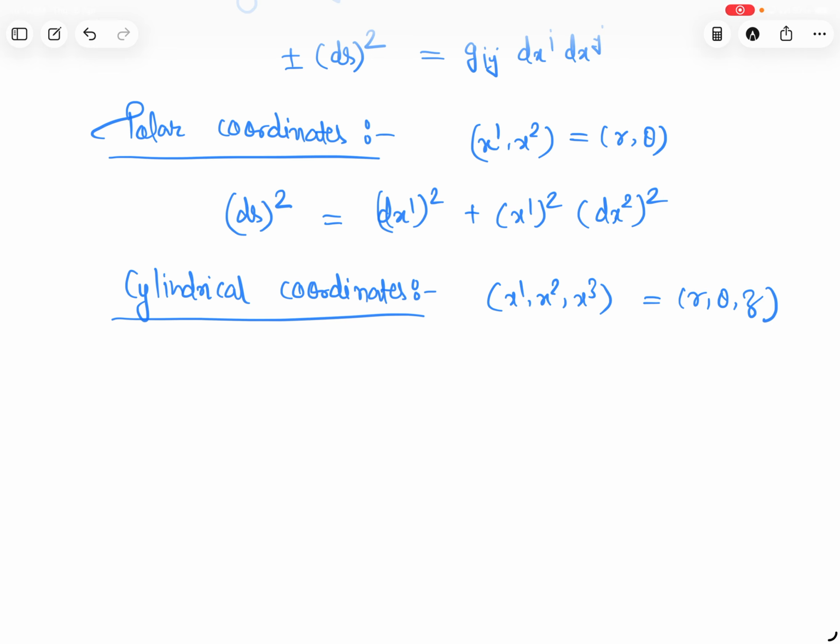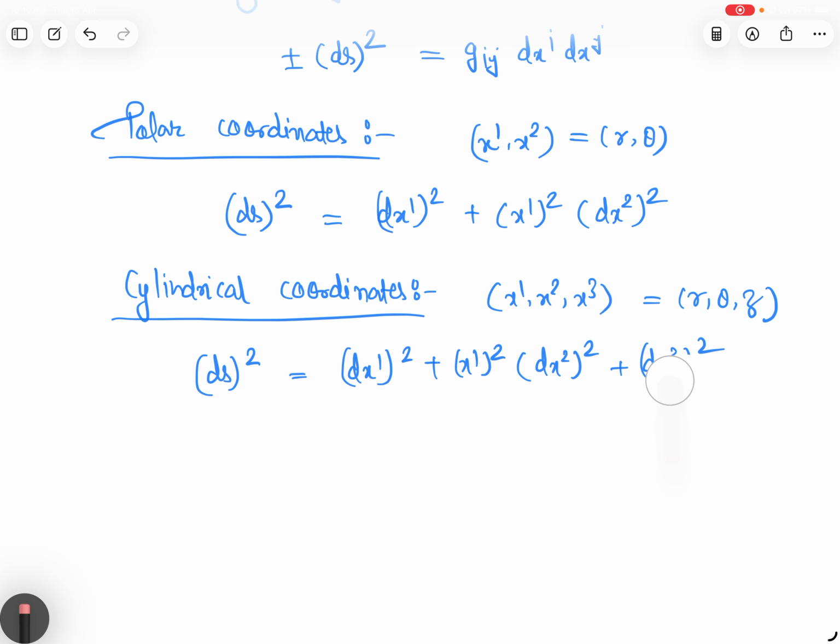So in that case, ds square is actually dx1 square plus x1 squared dx2 squared plus dx3 squared.